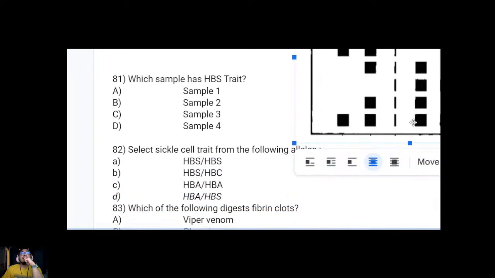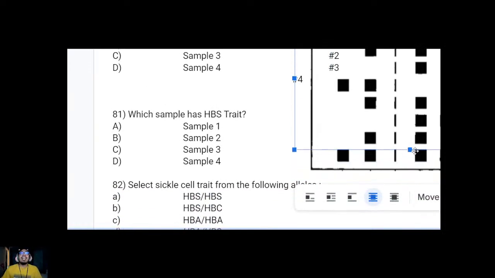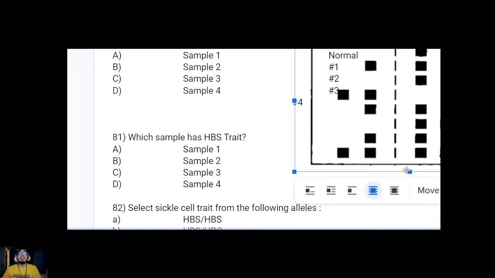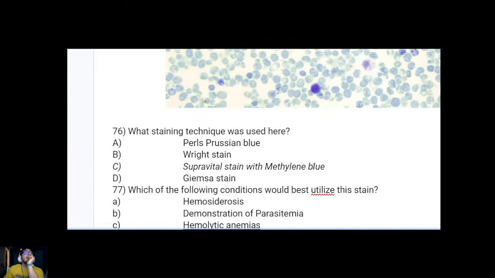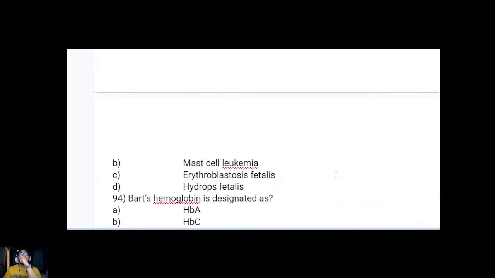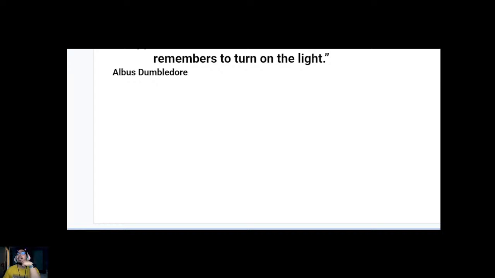Pag binaba mo yan, nandun yung other hemoglobins. Yes, we have to accept that sometimes we make mistakes, di ba? Okay. So yun lang yung dispute natin.